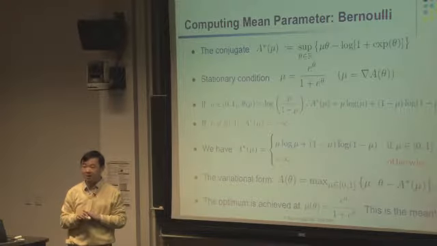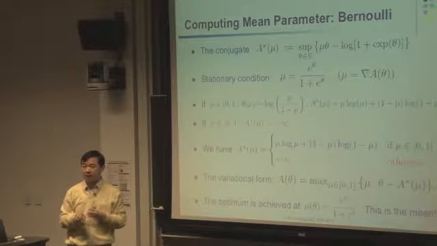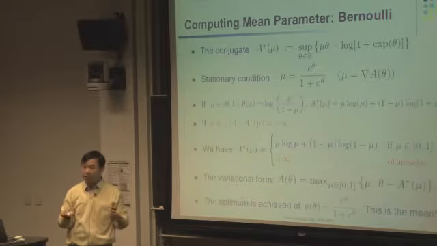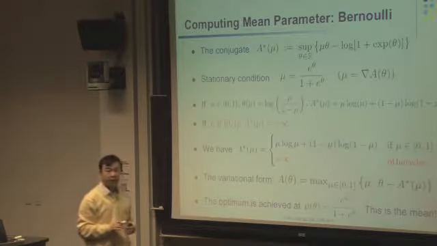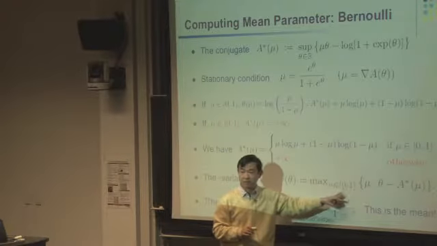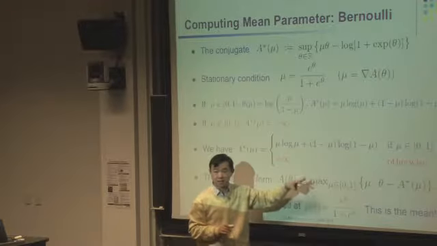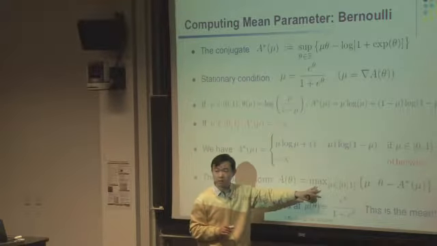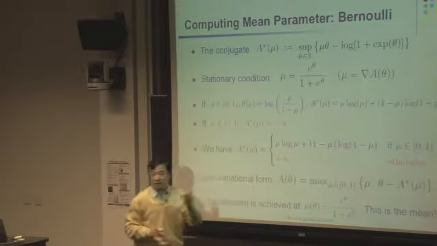And then you are asked to compute the actual value of A theta and the actual value of mu numerically, not in closed form, because you don't have a closed form solution to that. And then when you want a numerical answer, such a variational procedure is going to be very important because now you have the loss function and you can just solve an optimization problem numerically, and get your solution here and here. So that's the high-level idea.